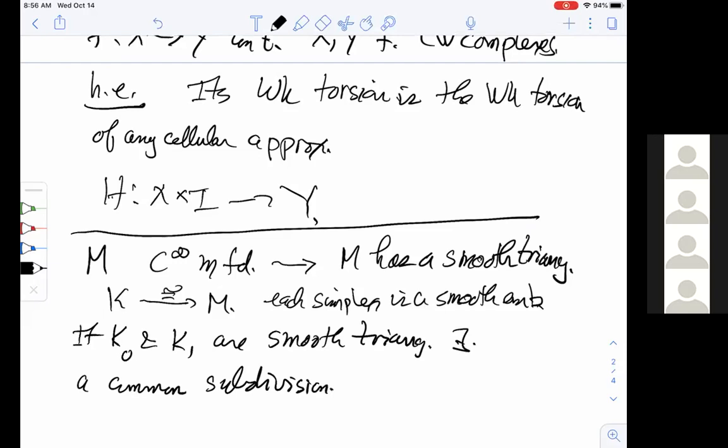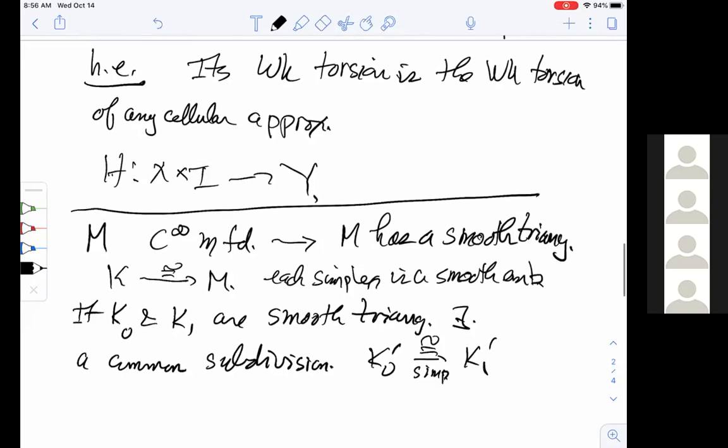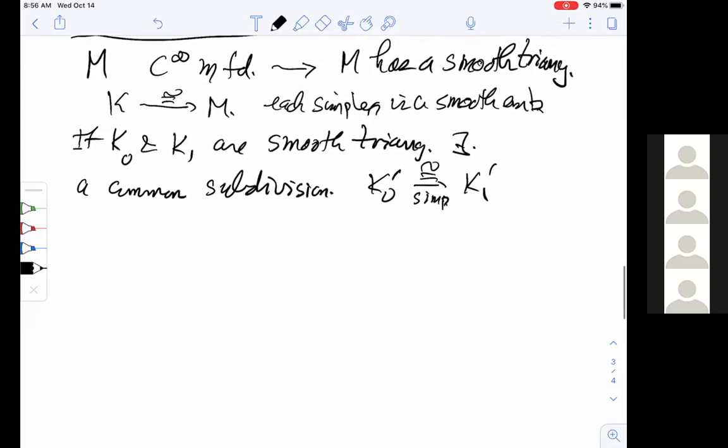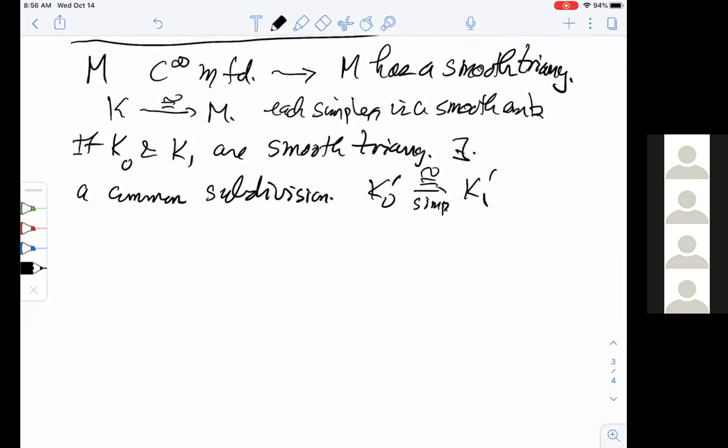So there's a subdivision K0 prime of K0, a subdivision K1 prime of K1, and a simplicial isomorphism between them, compatible with the map to M, so that the simplicial isomorphism is homotopic to the identity by, in fact, a small homotopy. So you can associate to any smooth manifold a triangulated manifold.